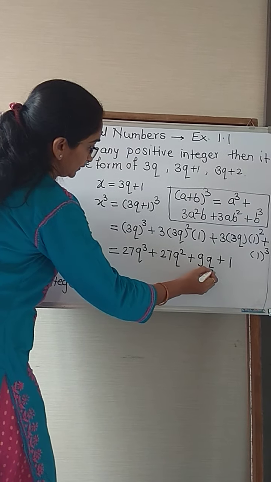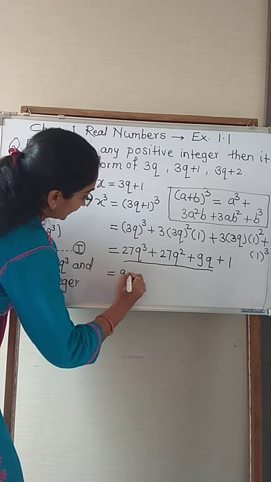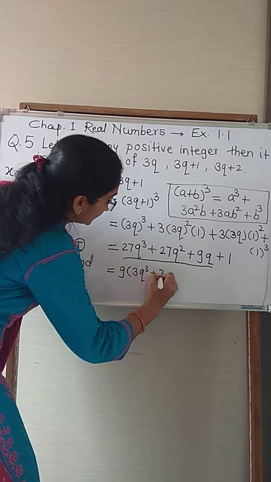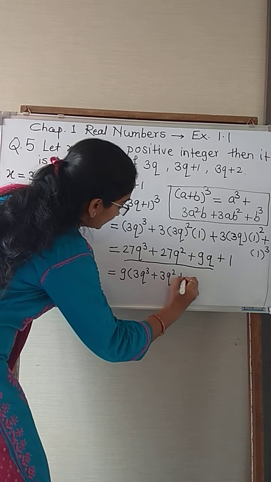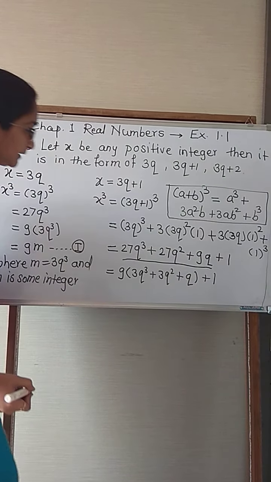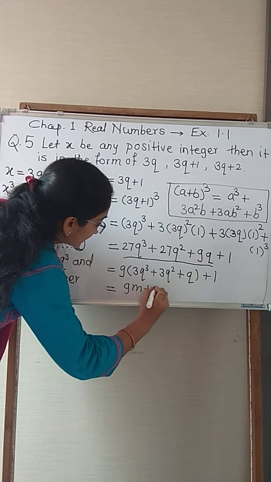Now from the first 3 terms you can take 9 common, so 9 in bracket 3q cube plus 3q square plus q, and write this plus 1 outside the bracket, is equal to 9m plus 1.